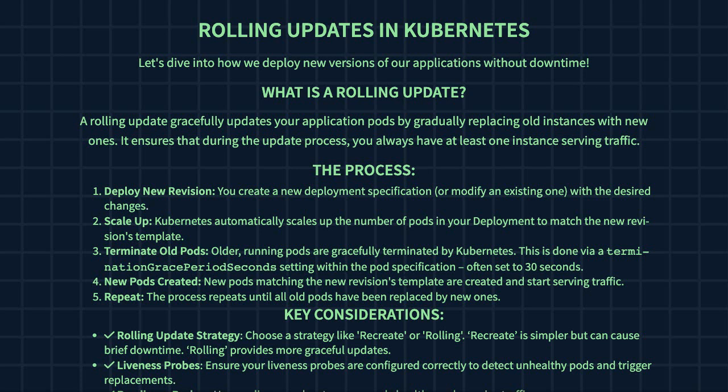First, you modify your deployment spec, maybe adding some new features or bug fixes. Kubernetes then scales up the number of pods based on that new spec. Then older pods are gently shut down and fresh pods are created to take their place. This process repeats until everything is updated. It's all about minimizing downtime and making sure your users keep getting access to a working application.